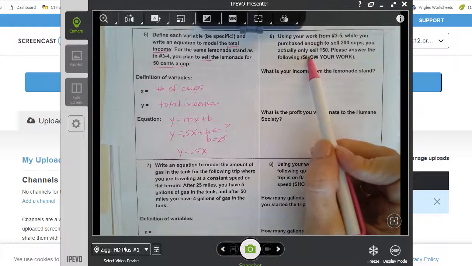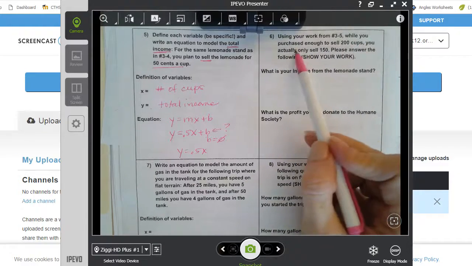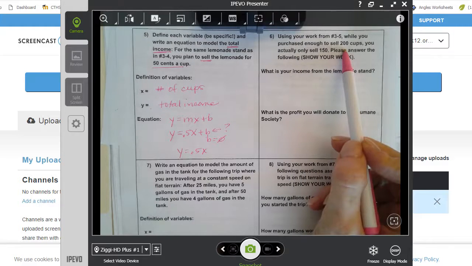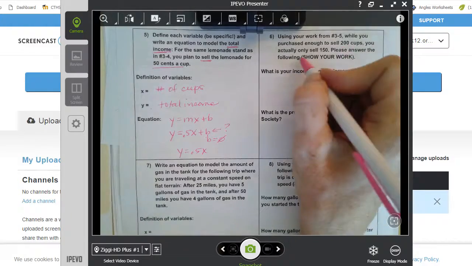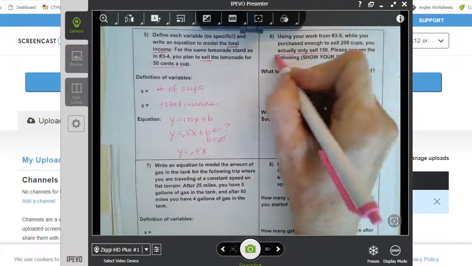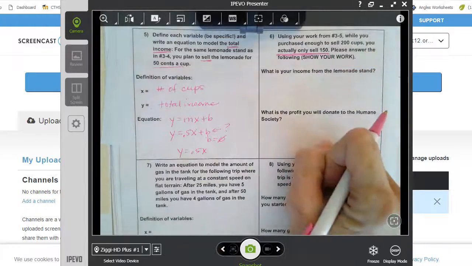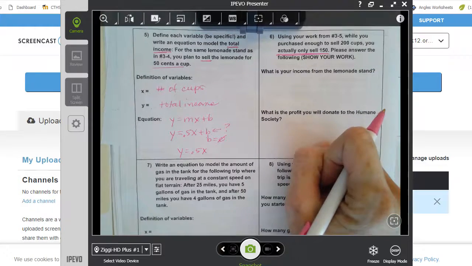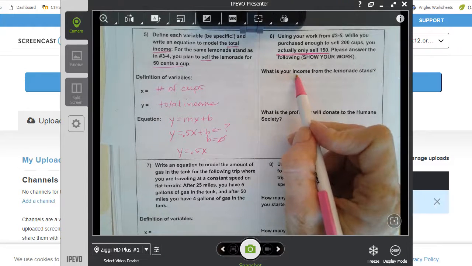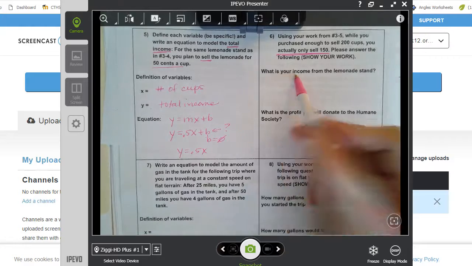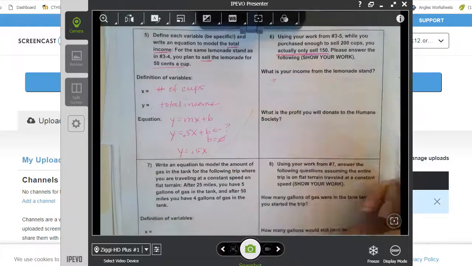All right, over here. Let's see. I purchased enough to sell 200 cups. That's what I hoped to sell. But interestingly, real world situation, I actually only sell 150 cups of lemonade. So what's my income? How much did I actually take in? Well, I'm going to use this equation from here.